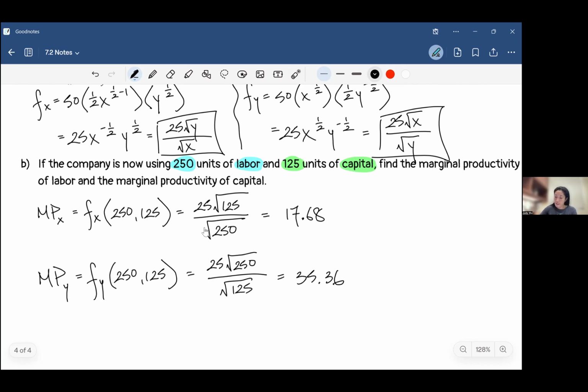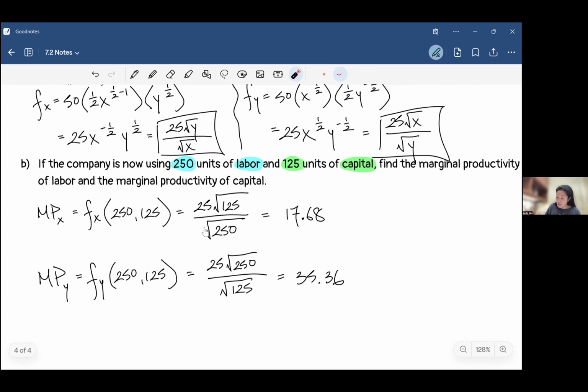And so what this means is if I am working with 250 units of labor and 125 units of capital, and I add a little bit more money into this car manufacturing business, the productivity is going to go up. Okay.